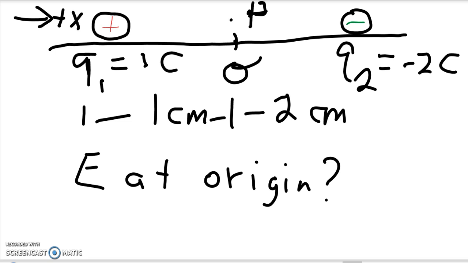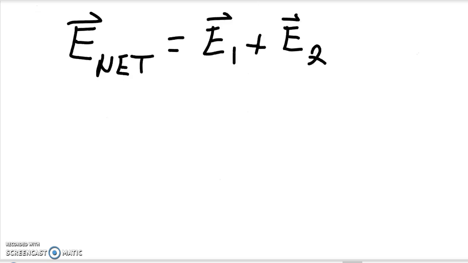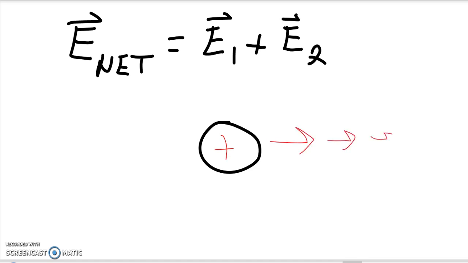With that being said, let's look at Q1 here. Q1 is going to have its electric field lines emanate like this. Along the axis, the field lines will be pointing away from the charge, and they'll get smaller in magnitude as I move away from the charge.